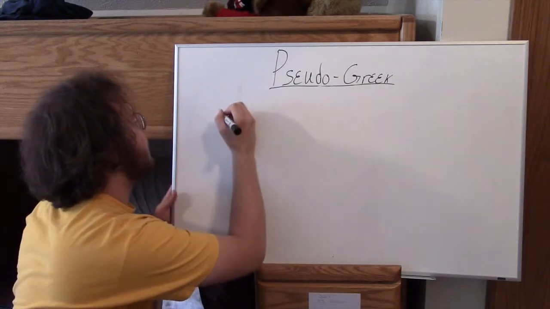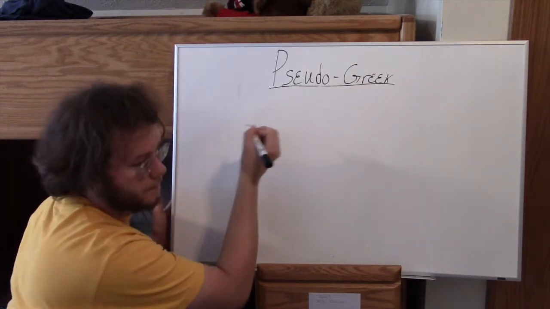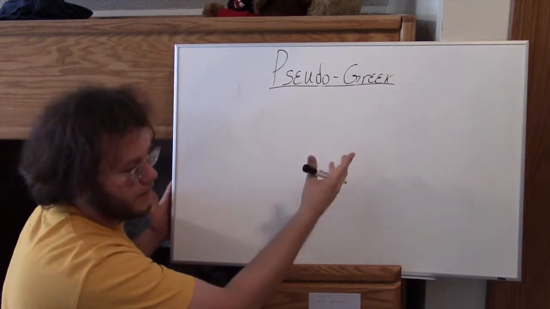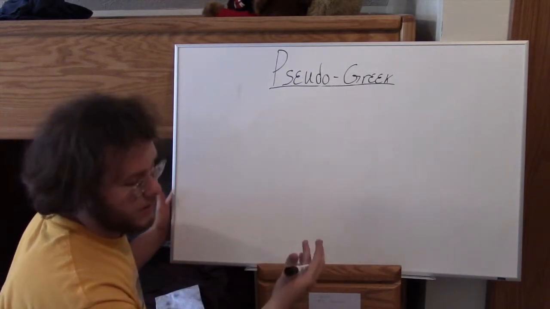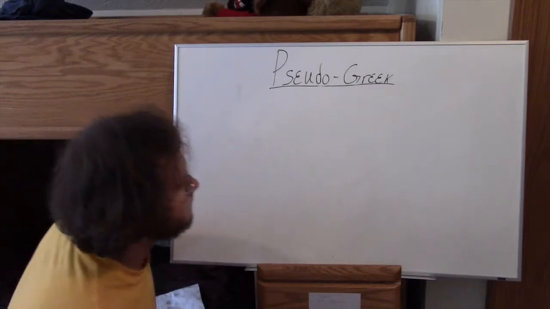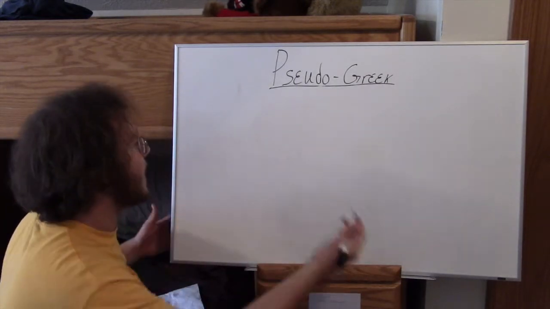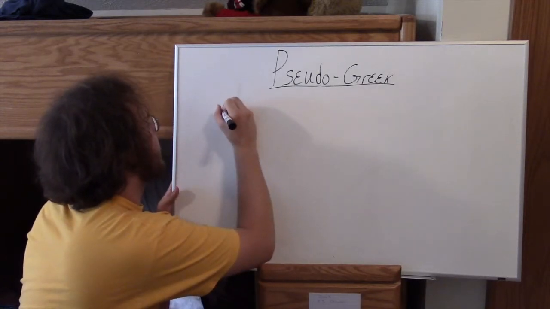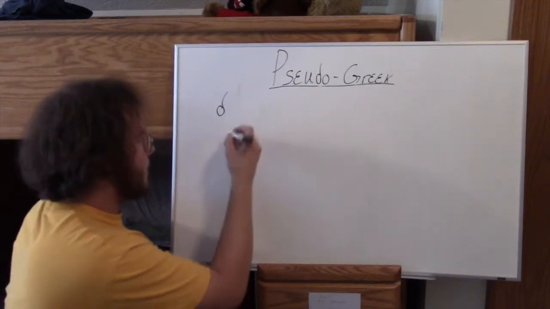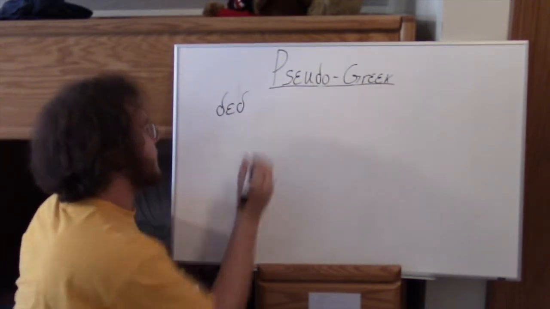I'm going to go over some variations of the consonants and then variations of the vowels, and start getting more and more complicated, I guess is the best word. So we have delta, and then we've got epsilon, delta.